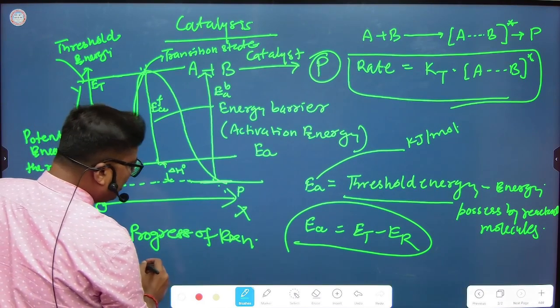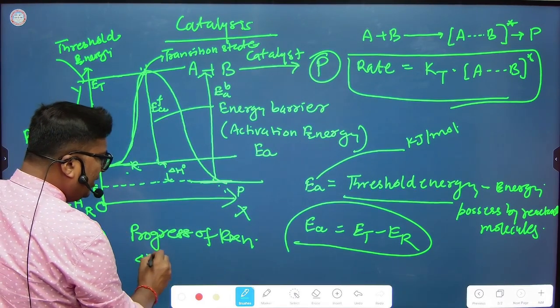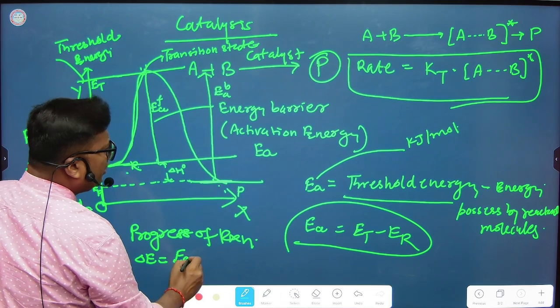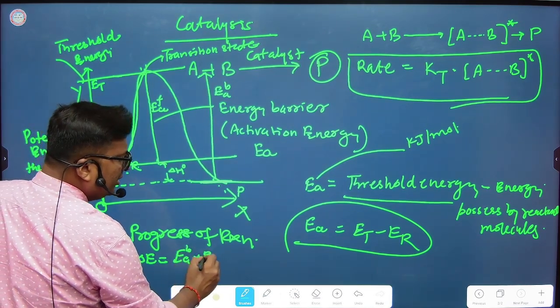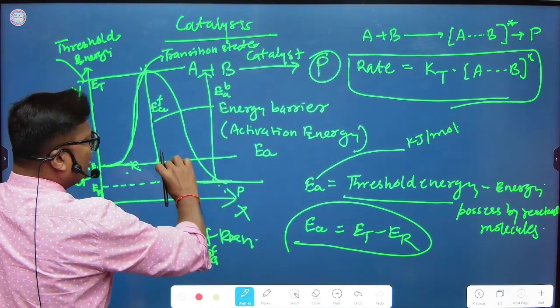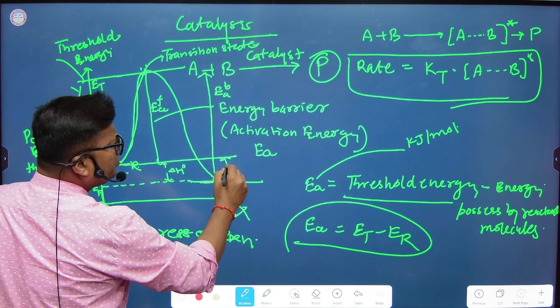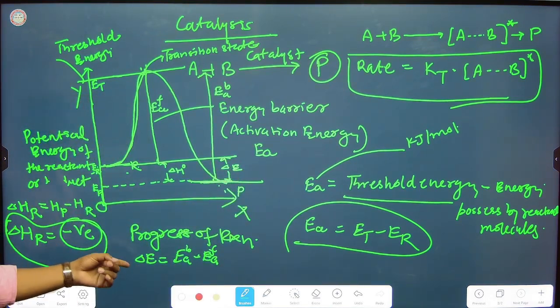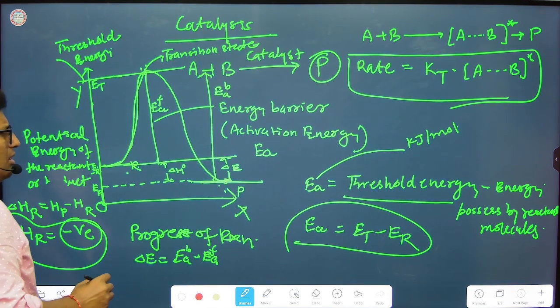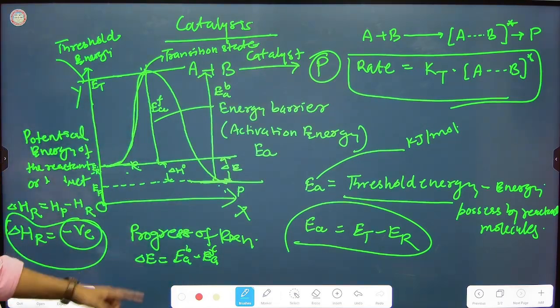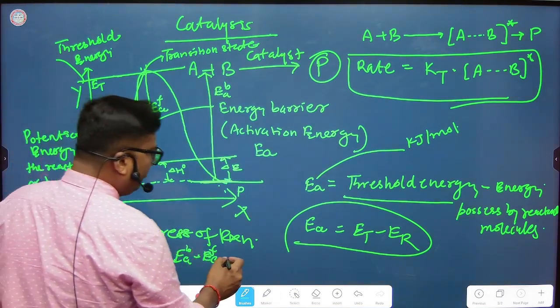It means you can simply say delta E is equal to EA backward minus EA forward. Overall, this will be delta E, right? So if this delta E is positive or negative, it will be defined accordingly.